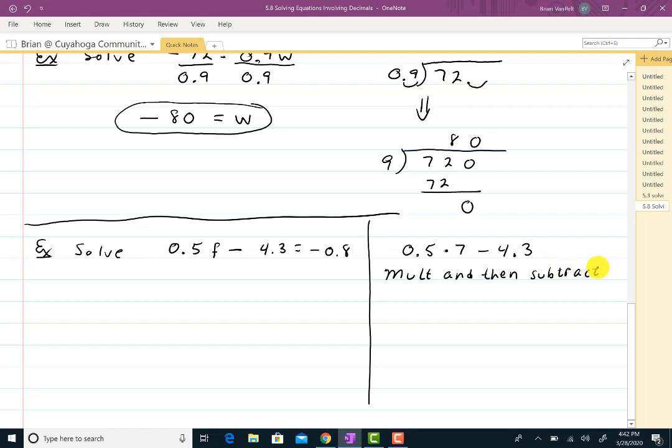Now remember, when you're solving an equation, you want to undo. So what we did is we multiplied first and then subtracted. We want to undo it in the reverse order because that's what undoing means.